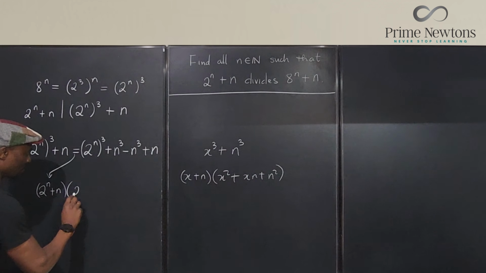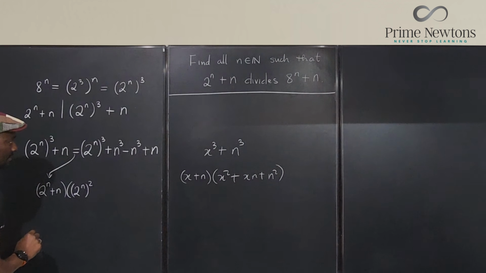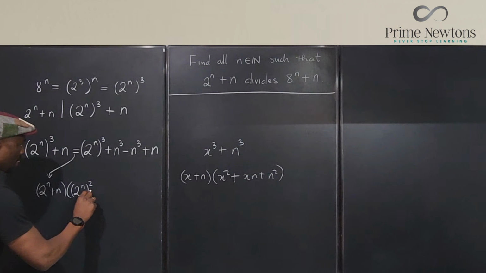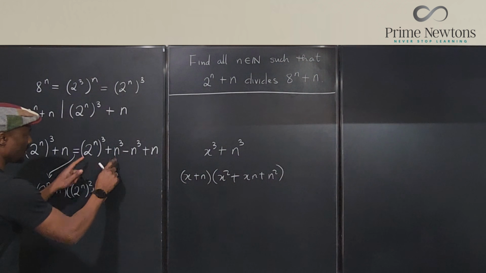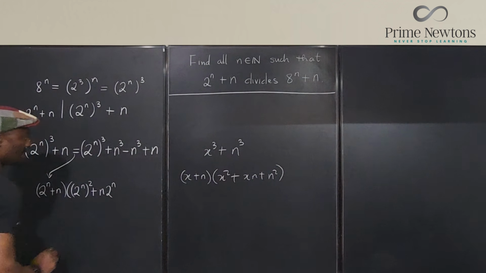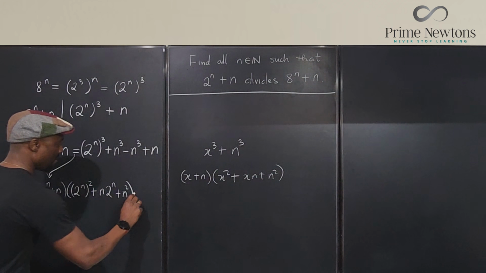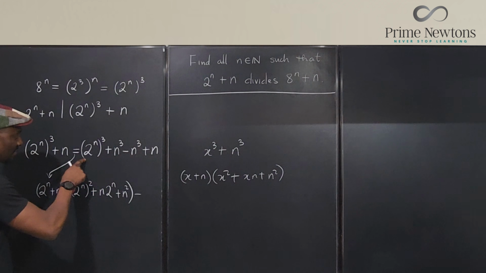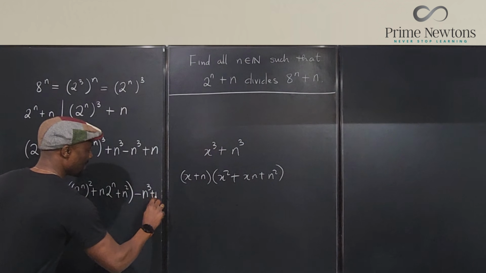Let me just write this as 2 to the n squared, plus the product of these two, which is n times 2 to the n, plus n squared. Minus, so I'm done factoring this. I'm just going to write this minus n cubed plus n.